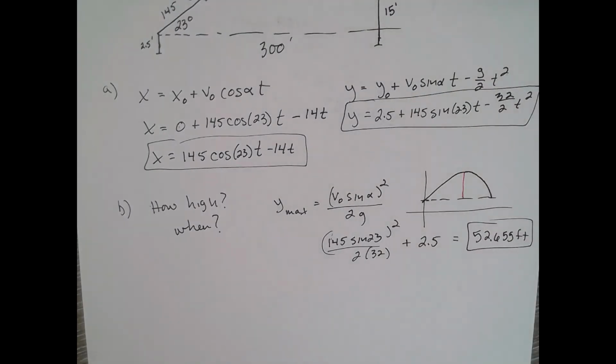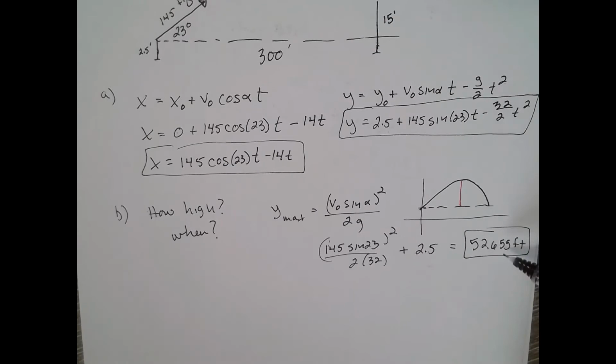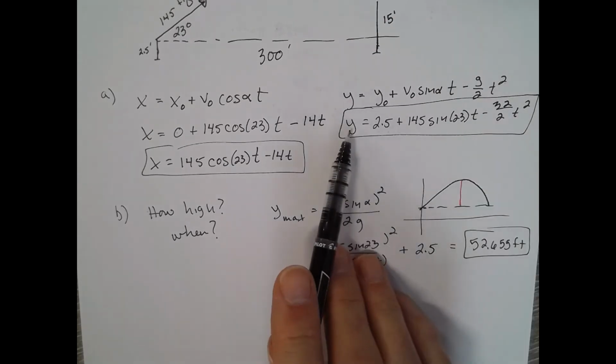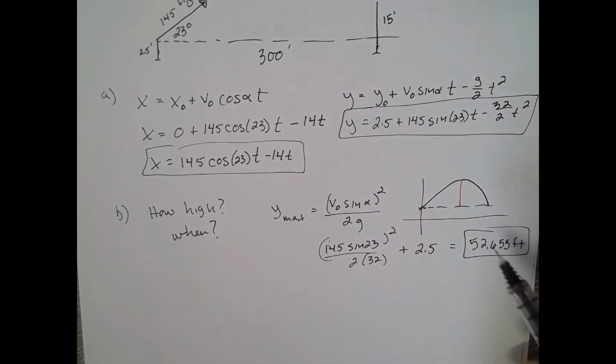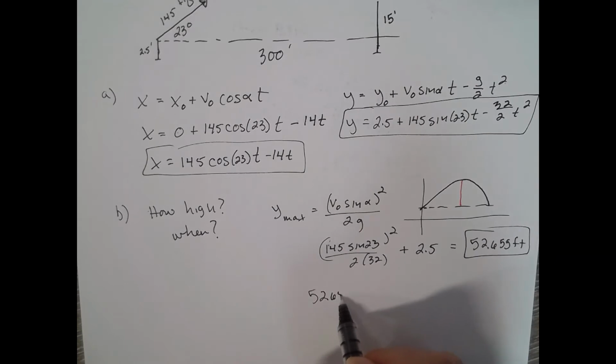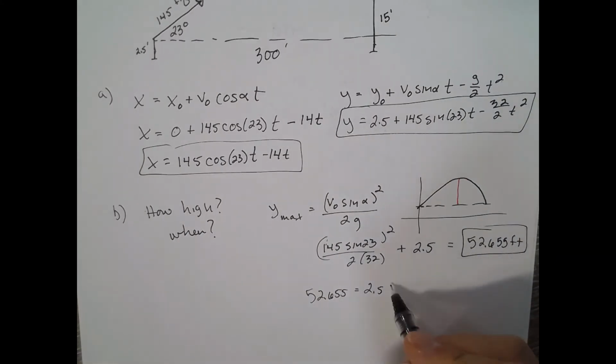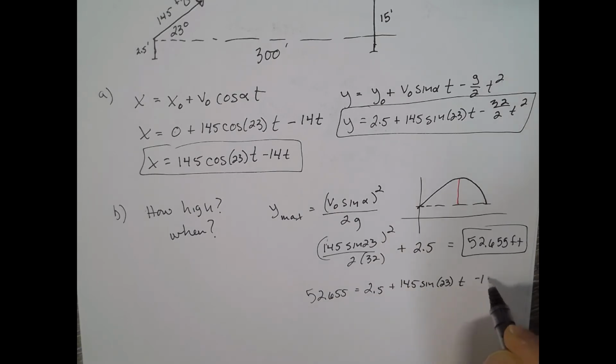It also said when does it get there, so that's our Y, and we have a Y equation, so you can plug that in for Y right there and then solve for t, which looks like it'll be a quadratic equation. So 52.655 equals 2.5 plus 145 sine of 23 t minus 16 t squared.